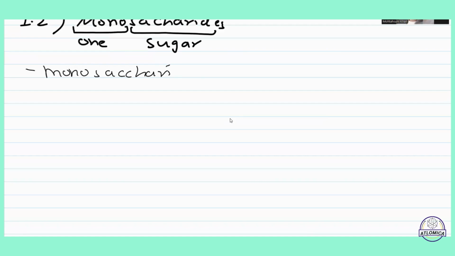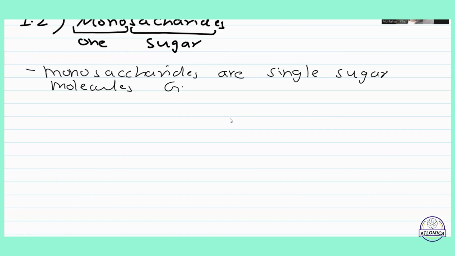Monosaccharides are, I know my writing can be better, single sugar molecules that have the general formula CH2O. For every oxygen, there are two hydrogens that we discussed earlier.